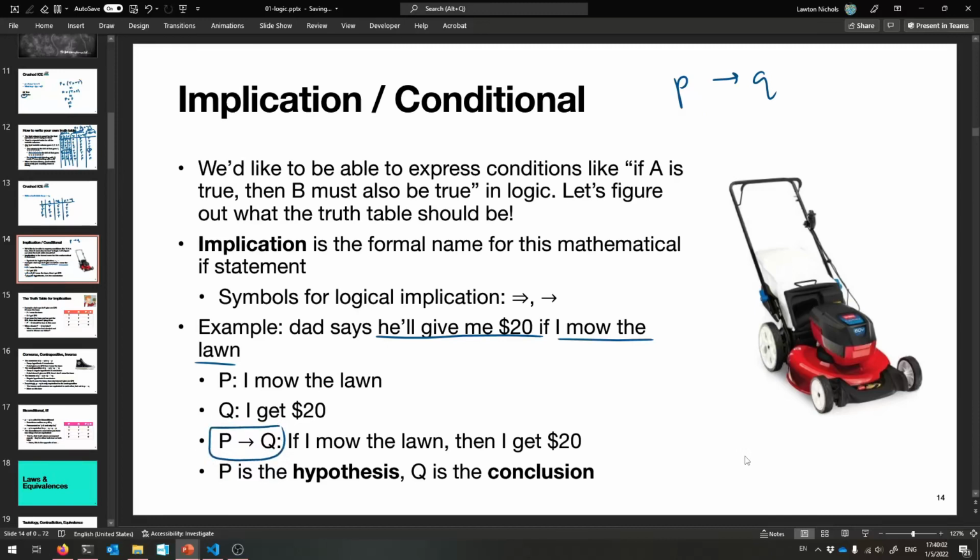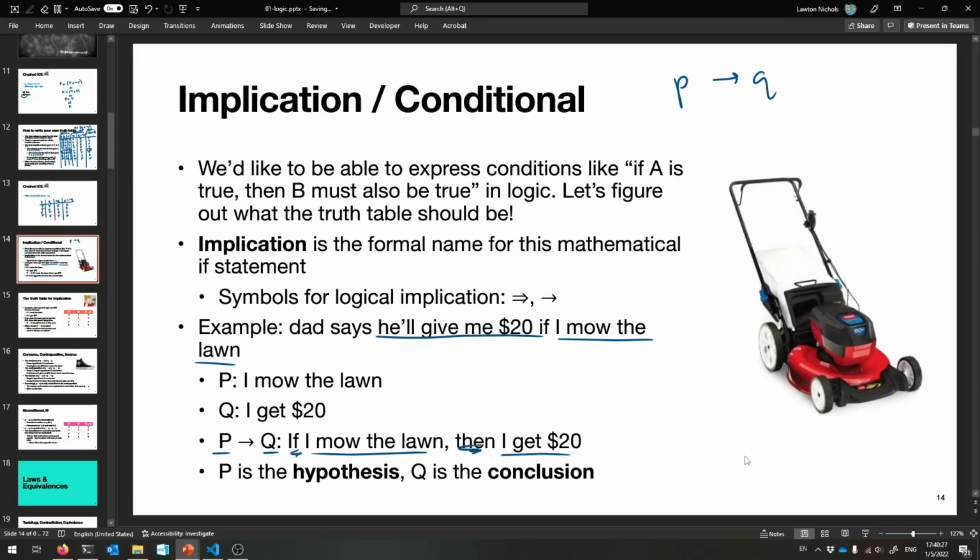That is a logical statement that can be true or false, depending on whether or not Dad is lying to me, right? So if I mow the lawn, then I get $20. P arrow Q, P implies Q. If P, then Q. You might hear me say all of those things, okay? So P is, if I mow the lawn, and then Q is I get $20. Okay, so if and then.